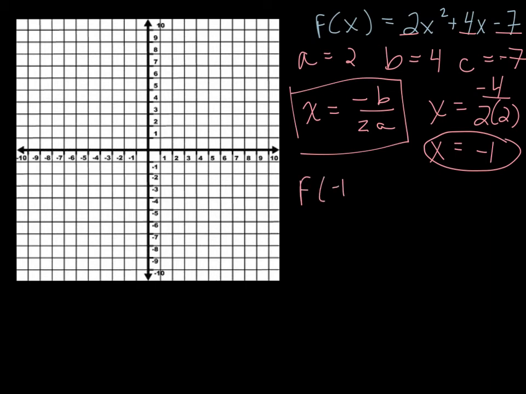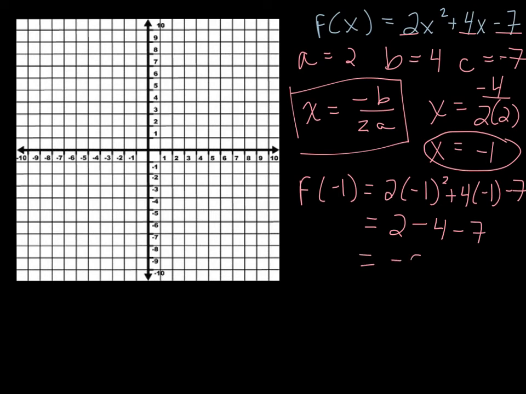So we plug in negative 1, and we get 2 times negative 1 squared plus 4 times negative 1 minus 7. That's going to give us 2 minus 4 minus 7, which gives us negative 9. So the coordinate of our vertex is negative 1 comma negative 9.